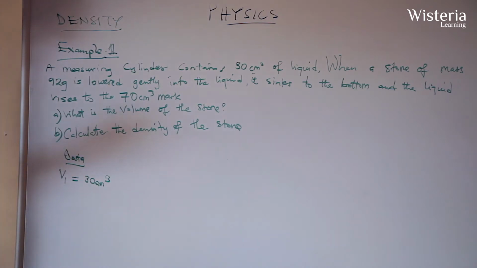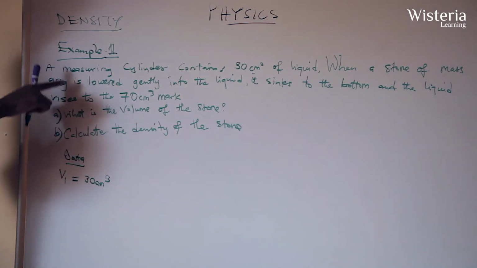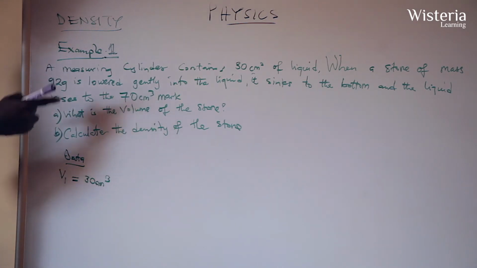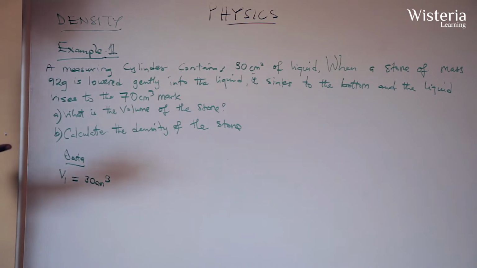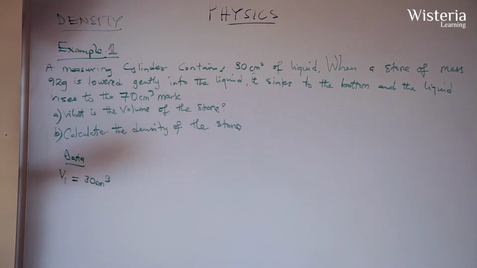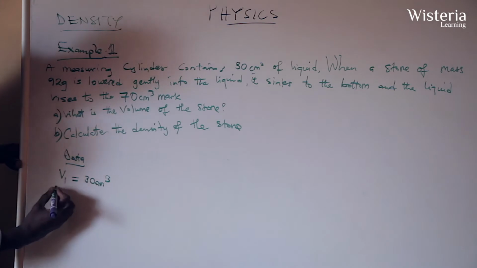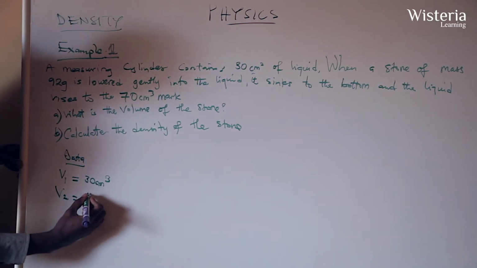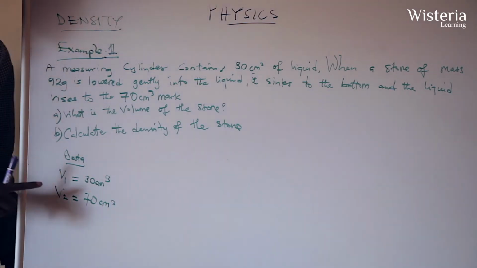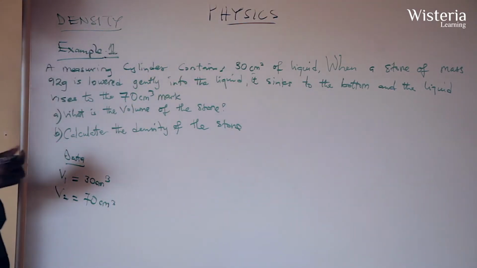And when the stone is lowered into that measuring cylinder, we are told that the water level rises to the 70 centimeter mark. Therefore, V2 is when you have the volume of the stone and the volume of the water inside. So V2 is giving us 70 cubic centimeters. So that is what is going on in this question.